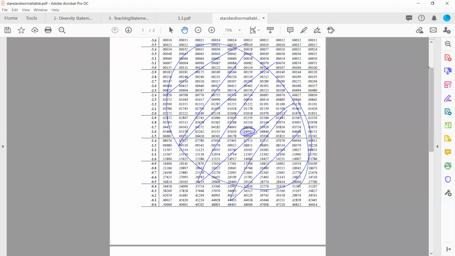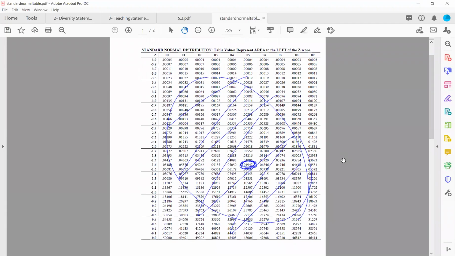So this is my 5%. So the z-value is negative 1.65. 5%, closest number to 5%, and the z-value is negative 1.65. That's my z-value.